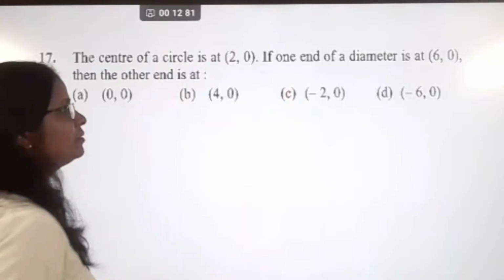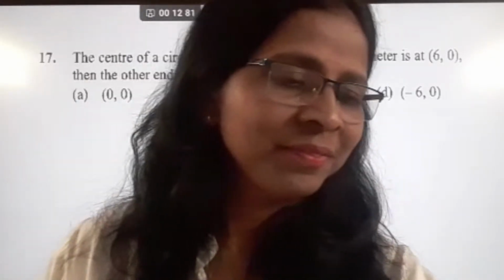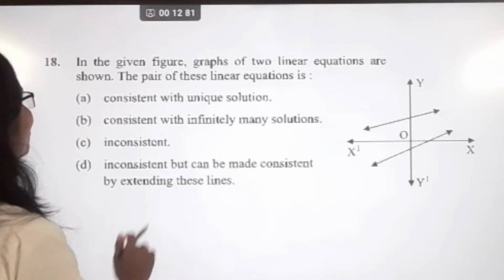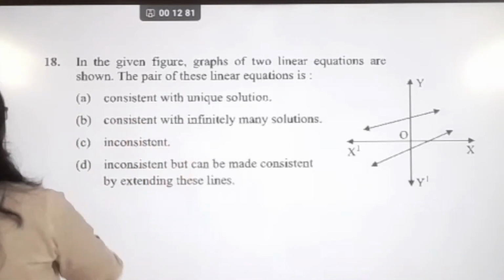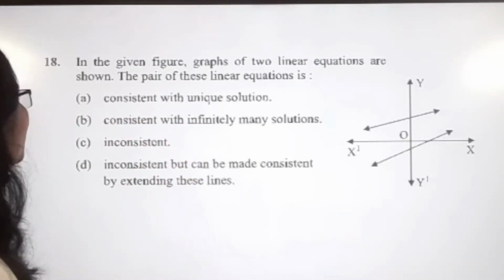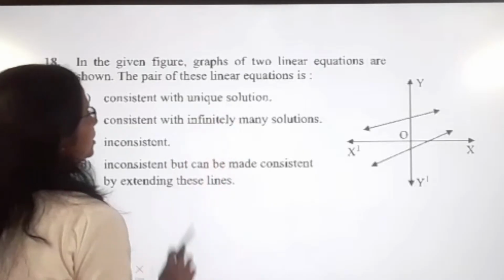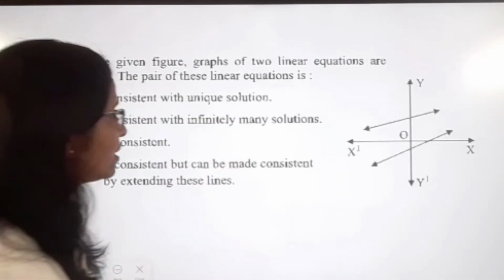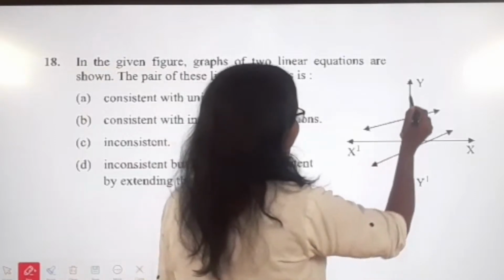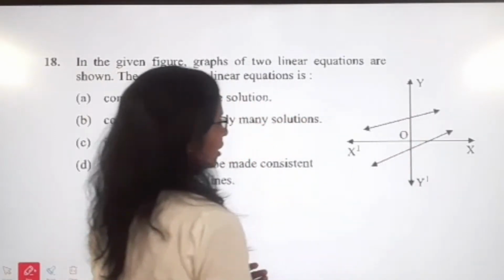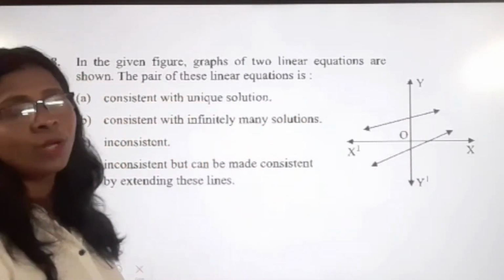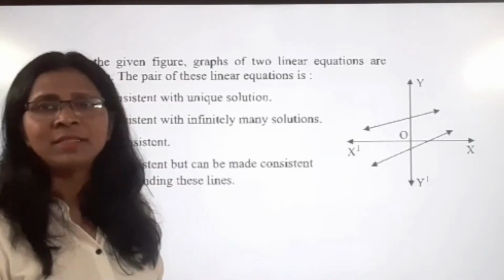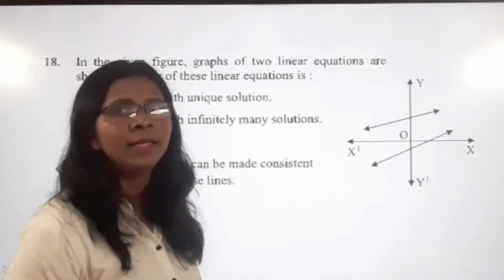Then the next one. See, in the given figure, graphs of two linear equations are shown. The pair of these linear equations is... I think these are the coordinate axes x'ox and y'oy. The graphs are plotted here and two lines are given. As you observe carefully, these two lines are non-parallel lines.